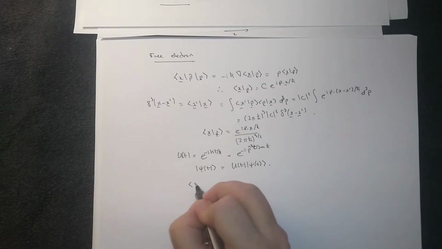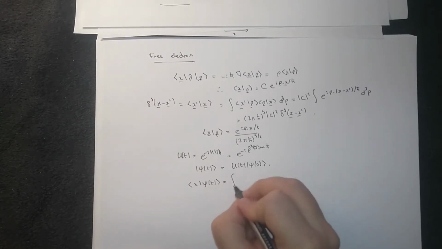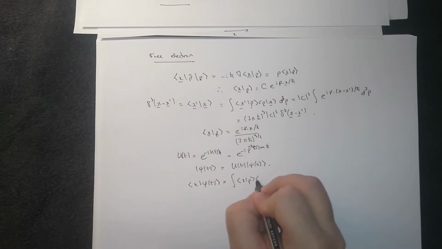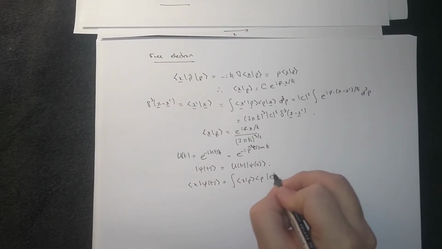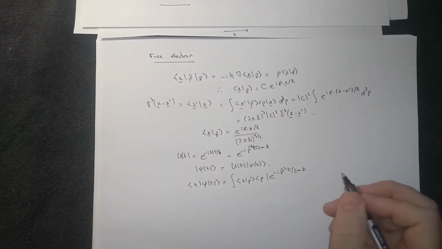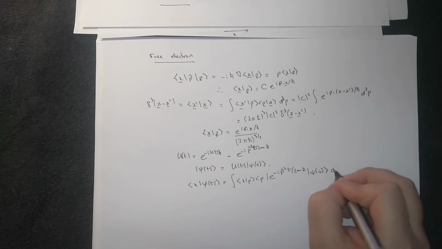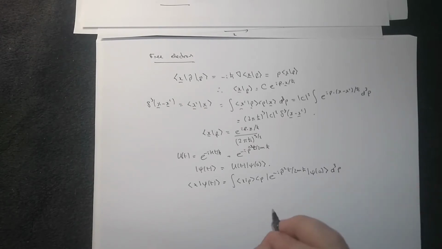So the wave function is going to be the integral of x with p, p with e to the minus i p hat squared t over 2m h bar psi 0 d3p.